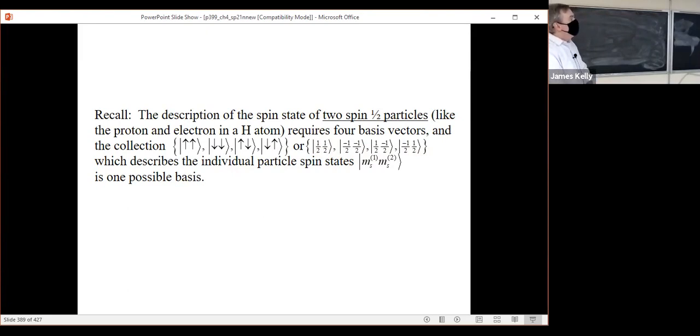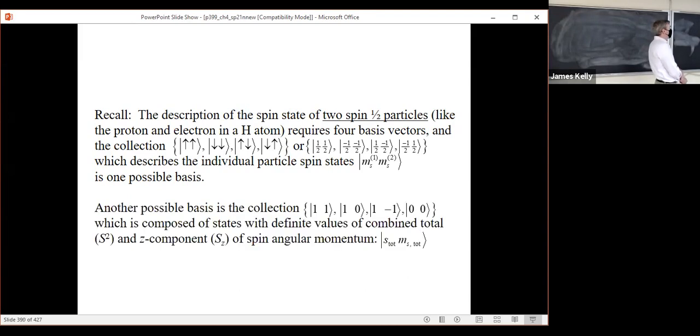So we have a 4-dimensional vector space, and this is one way to write a basis. But just because you pick one basis doesn't mean that's the only possible basis, and not always the most useful one. The other possible basis describes not the individual angular momentum state of each particle, the spin 1/2 particle, but rather the combined angular momentum state. And we said, again, it's a 4-dimensional vector space. There have got to be 4 different vectors which can form the basis of this.